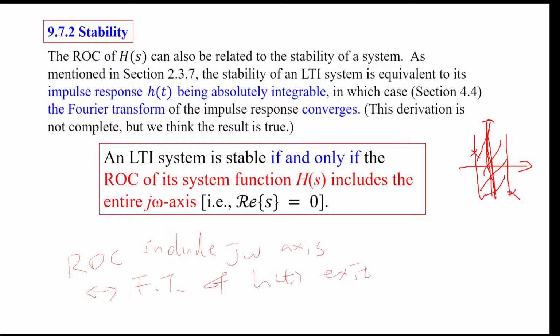This first equivalence we already know well. If the ROC of big H of s includes the j omega axis, then the Fourier transform of small h of t will exist, because we know the j omega axis corresponds to the Fourier transform, and it is inside the ROC, so they all converge.